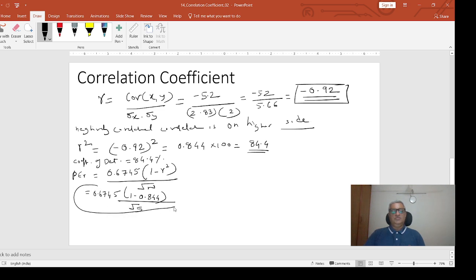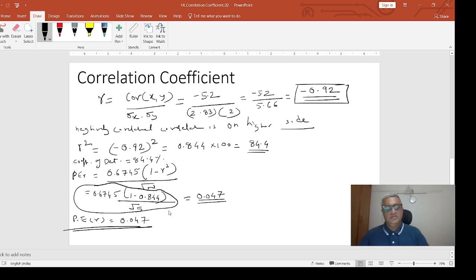So this is what my values are, and it gives me 0.047. So my probable error of R is equal to 0.047.